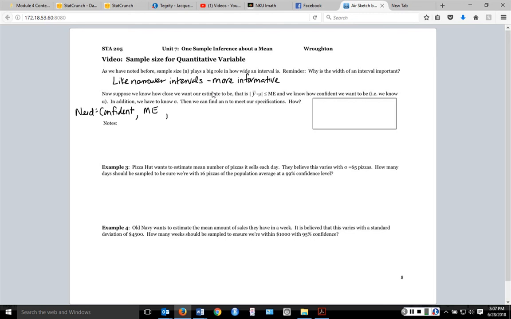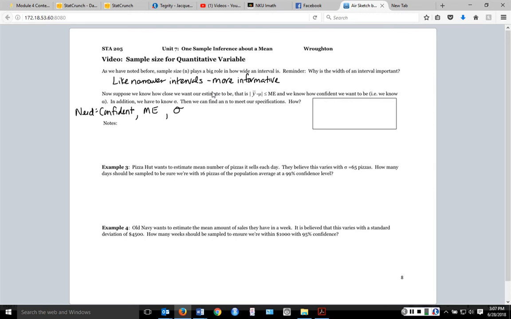The last thing that I need to know, which is not as reasonable, is sigma, our population standard deviation. The reason I say that's much more unreasonable for us to know is because we started this module by talking about how we don't generally know sigma, our population standard deviation.